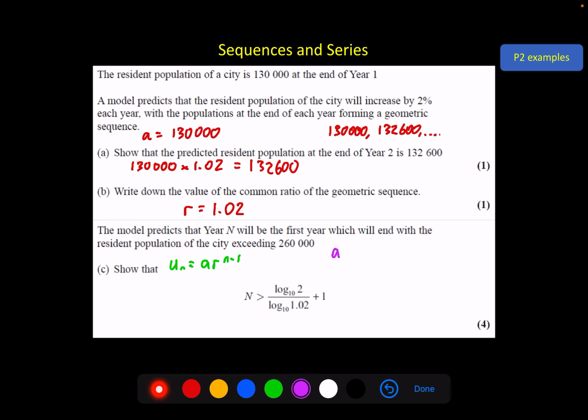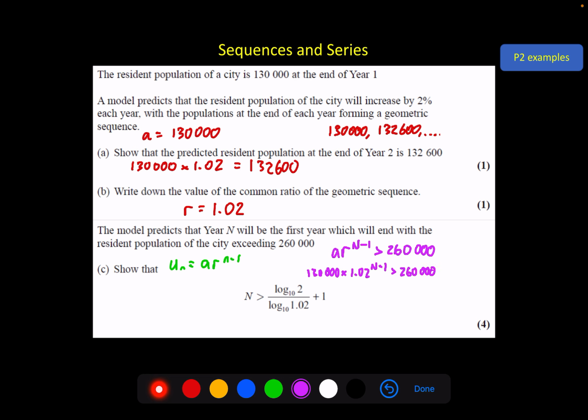So a times r to the capital N minus 1 must be bigger than 260,000. And we know a and we know r, so we can put those in. a is 130,000 times 1.02 to the capital N minus 1, bigger than 260,000.